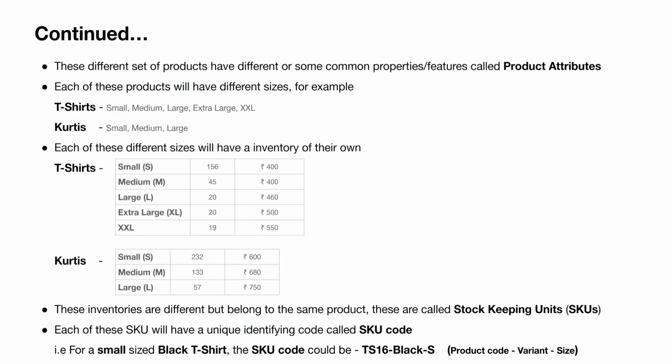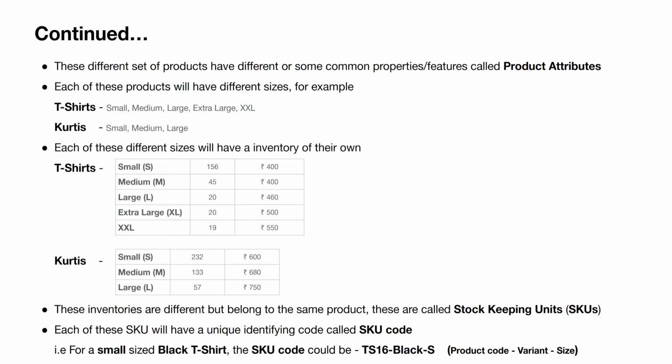Here you can see t-shirts have these sizes: small, medium, large, extra large and double XL. Kurtis on the other hand has only 3 different inventories or sizes. These are small, medium and large.